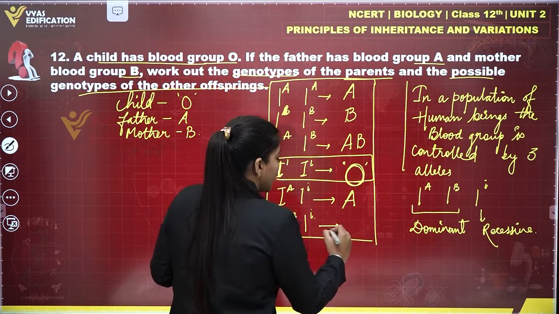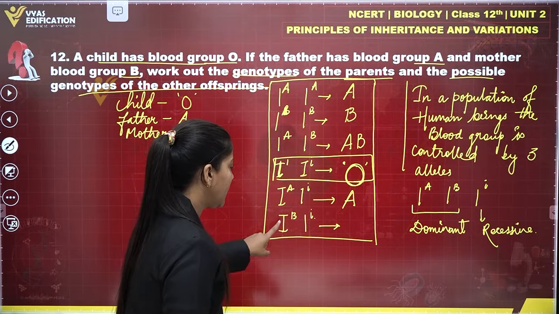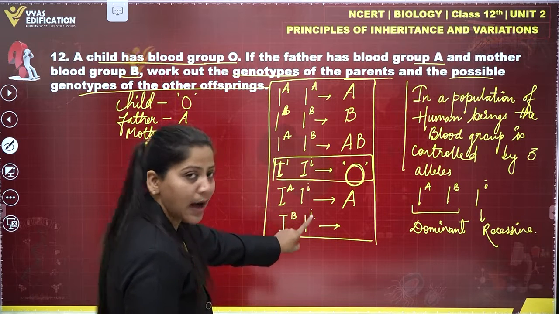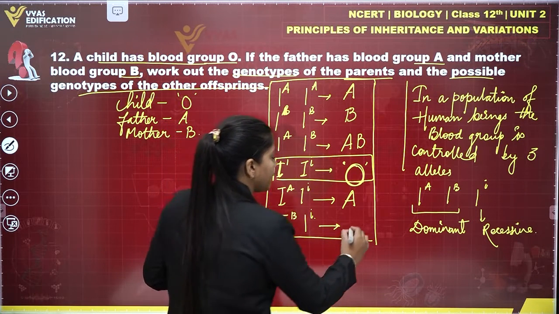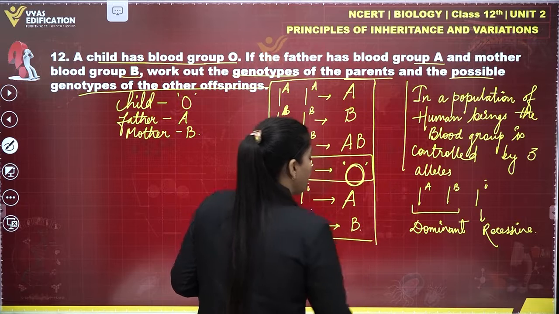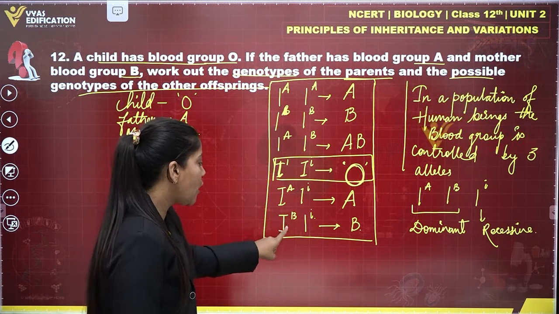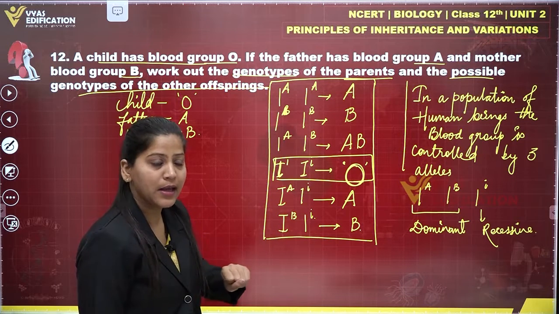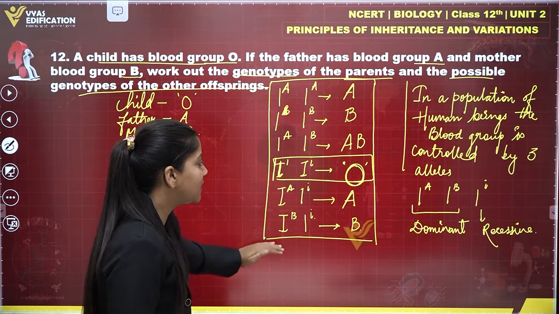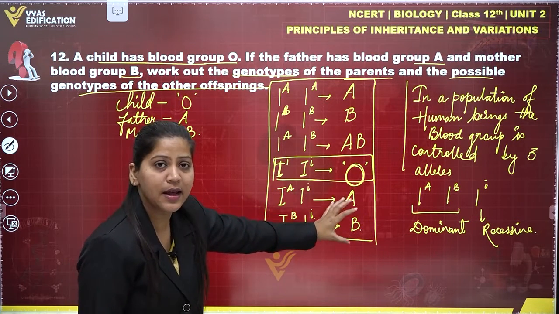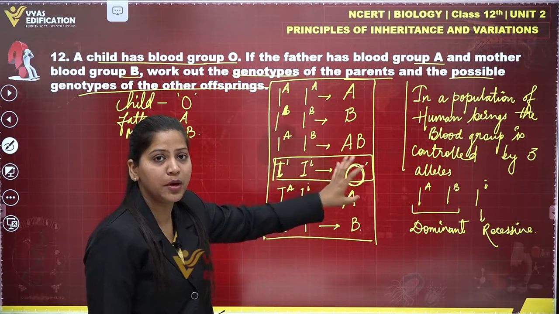In the last case, if an individual has IB and i, the blood group will be B. Why is it so? Because IA is dominant over i, and IB is also dominant over i. These are the 6 possible genotypes and their results in the blood group system of human beings.